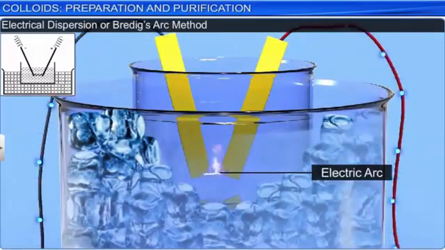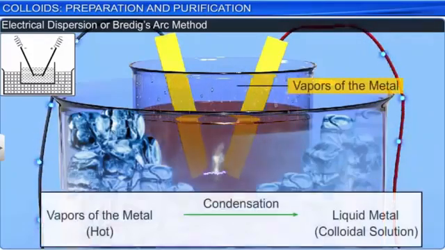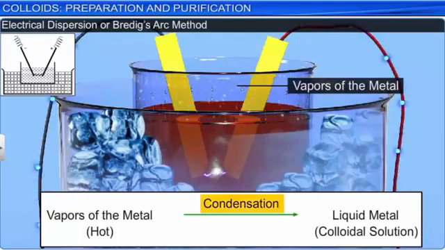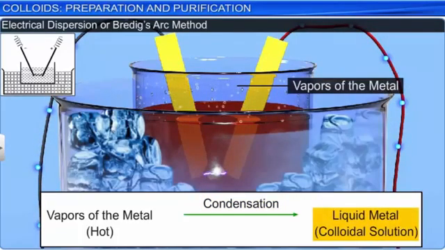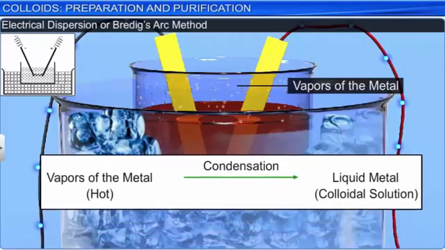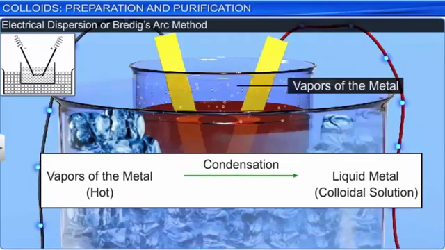The intense heat of the arc vaporizes the metal, which gets condensed immediately in the liquid to form a colloidal solution. This method thus involves dispersion as well as condensation.